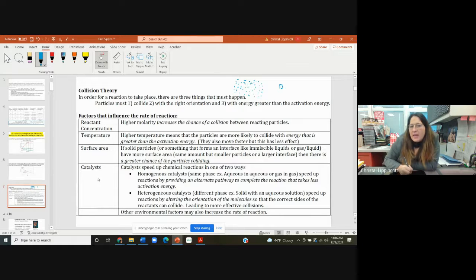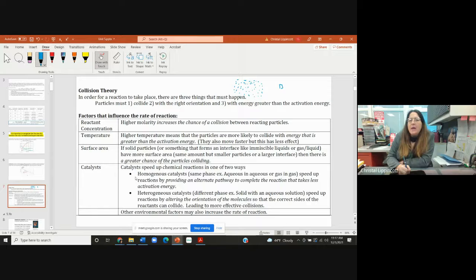All right, catalysts then are going to speed up chemical reactions. Okay, you studied these. If you had AP Bio, you probably studied catalysts. You probably studied a lot of them. What did they call them in AP Bio? Enzymes, exactly. Okay, so catalysts, enzymes are catalysts.